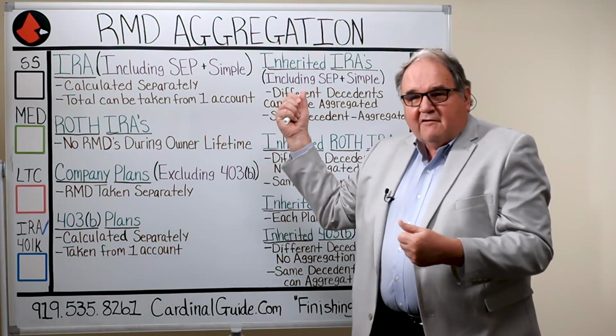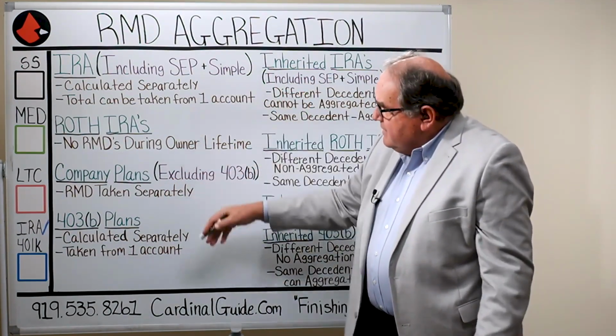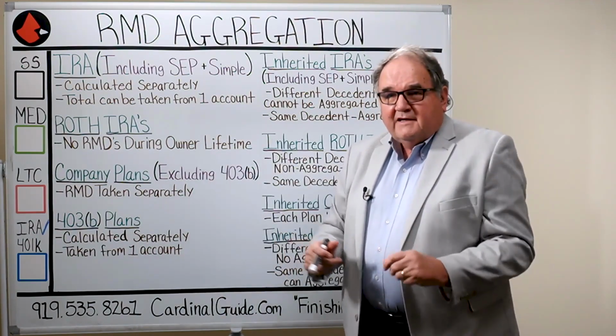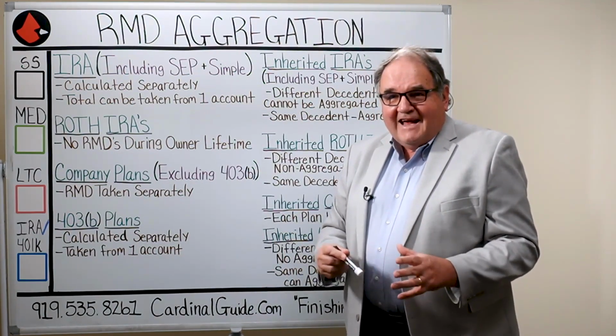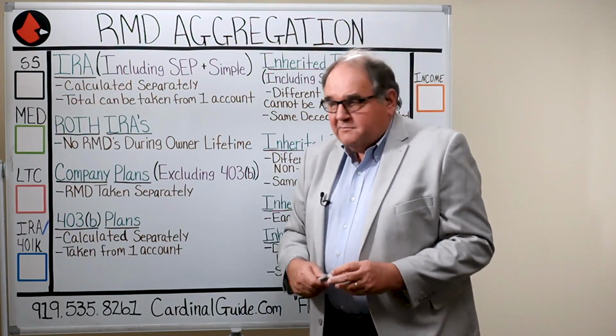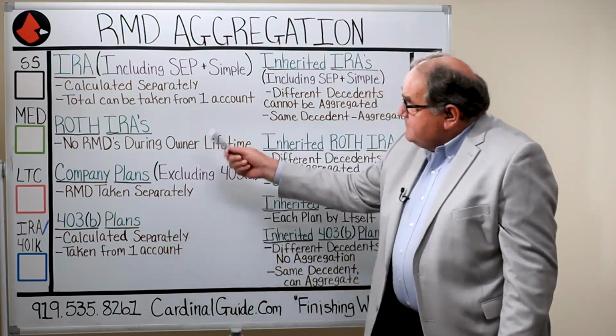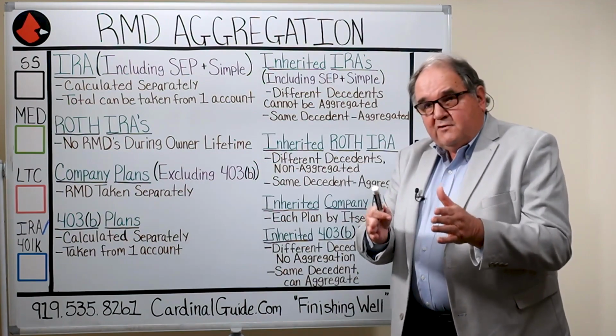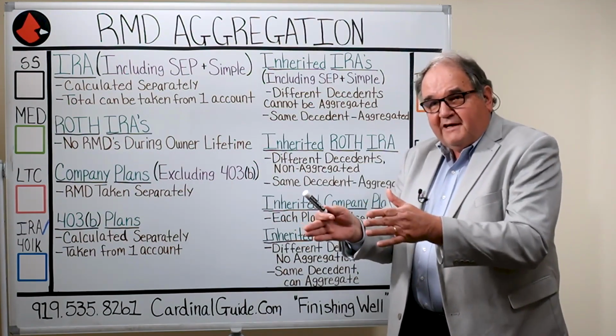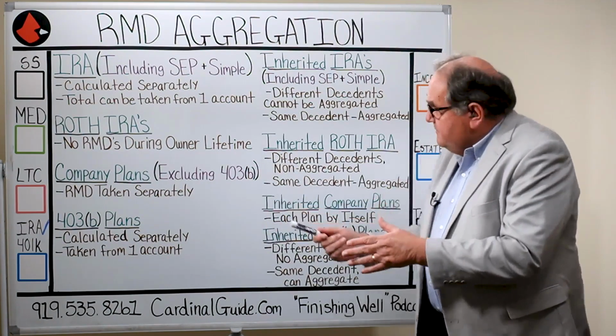So that's where account aggregation comes in. You just got to be careful that you're not throwing in things that are not alike and then doing this account aggregation business. So that's where we're talking to you, that you're the owner when you get to be 73, what you're going to need to be doing.